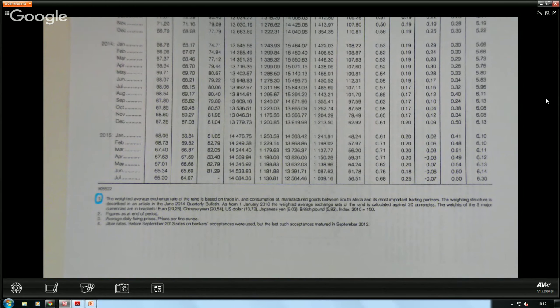In your own words, what is that? You can tell each other. What is this effective exchange rate of the rand?